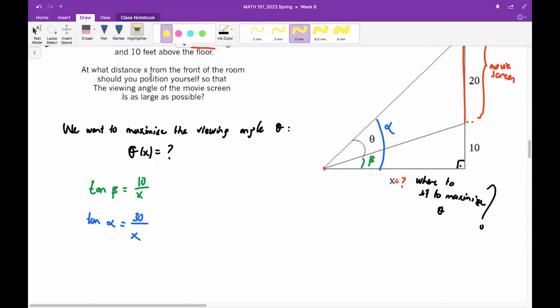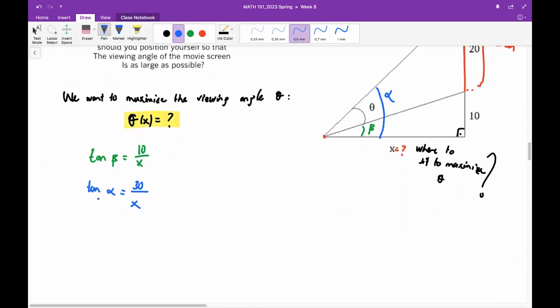We want to construct a function for theta. That's why now we need one more relation between theta, alpha, and beta. So theta is, obviously, alpha minus beta.